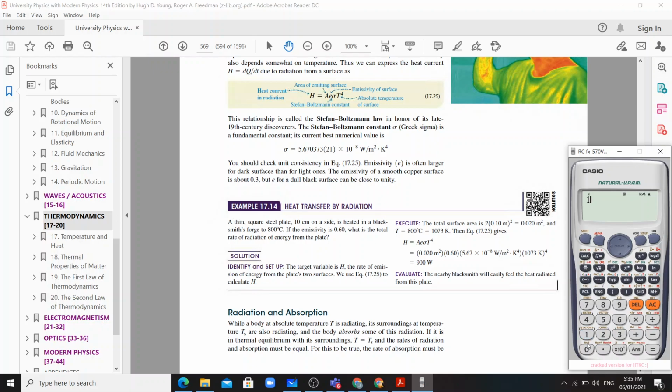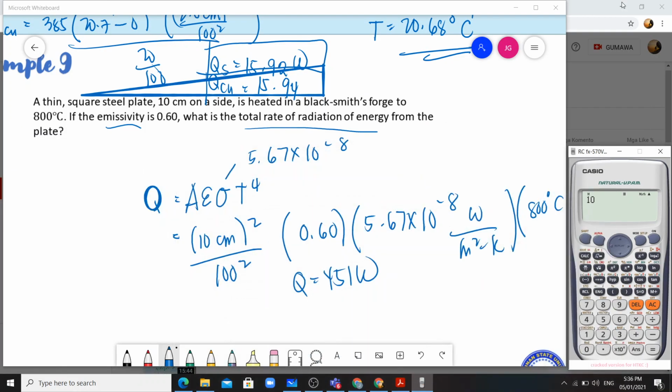Ten centimeter on each side, 10 squared. Okay, total surface area.